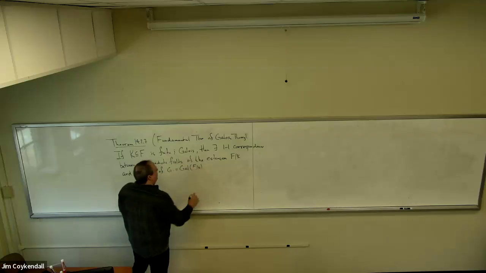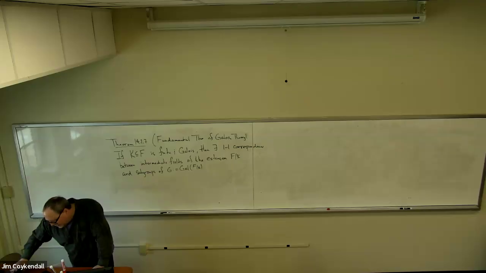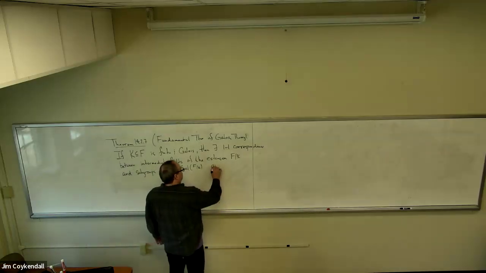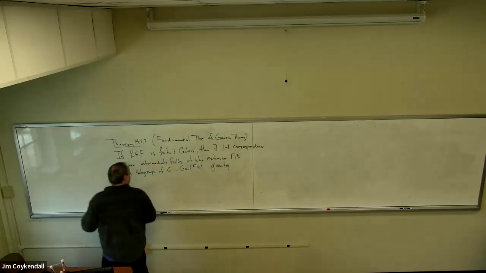So I'm going to use the terminology G instead of writing the Galois group of F over K. And how does this correspondence work?